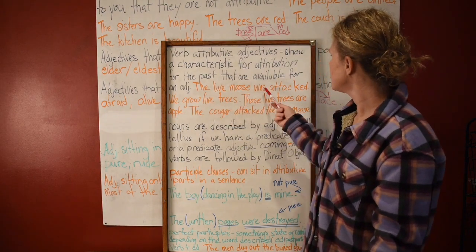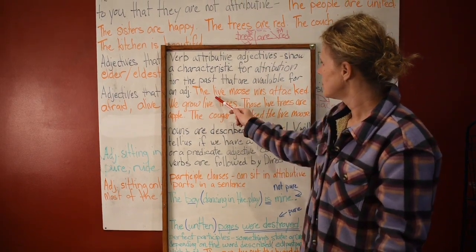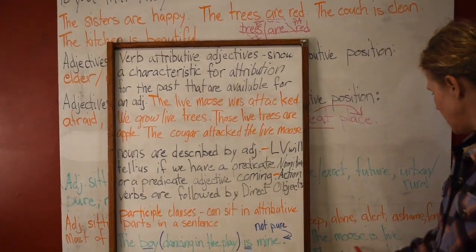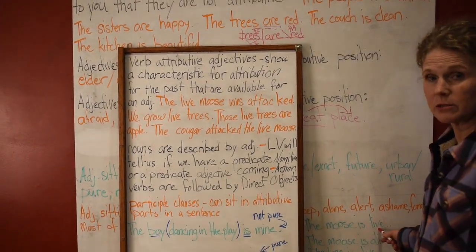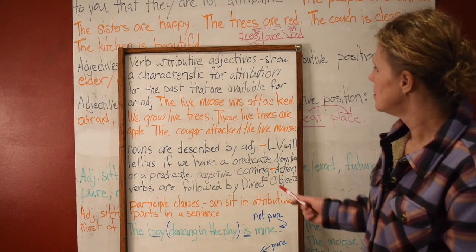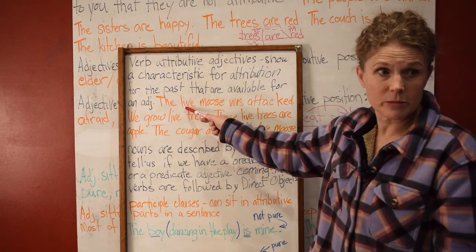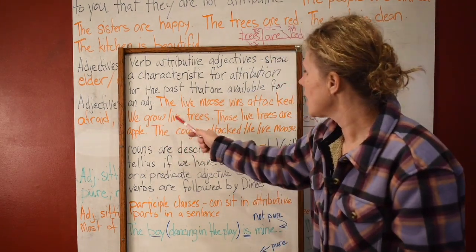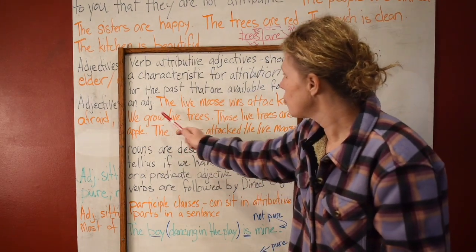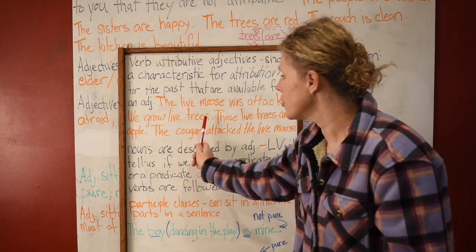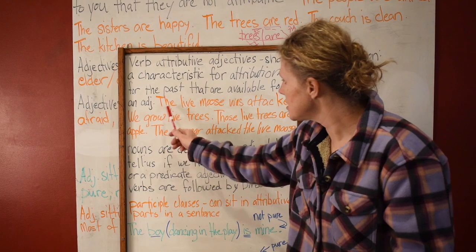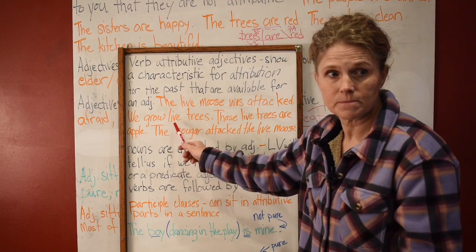The live moose was attacked. So see how you can't use it in the predicative position, but you can use it in the attributive position. Do you see that, Paul? We grow live trees. Even though this is after the verb, this is describing trees. So this is the attributive position.